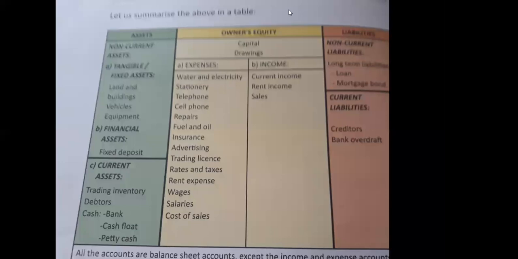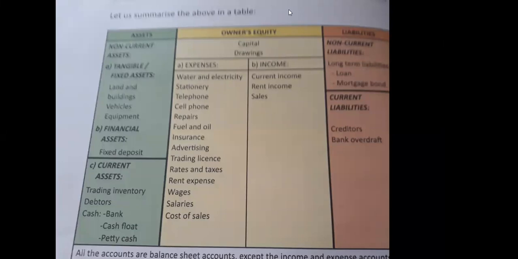And with expenses, there's a long list: water, electricity, stationery, telephone, repairs, insurance, advertising, wages, salaries, etc. Again, money that's coming into the business is going to be seen as an income. For instance, somebody else is paying rent to you.